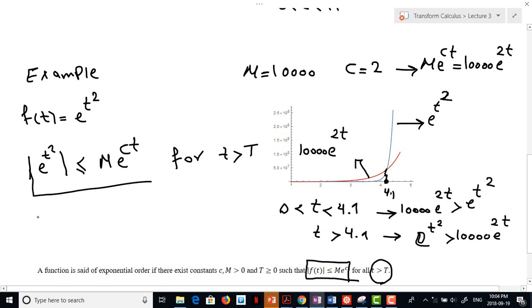As a result, e to the power of t squared is not of exponential order.